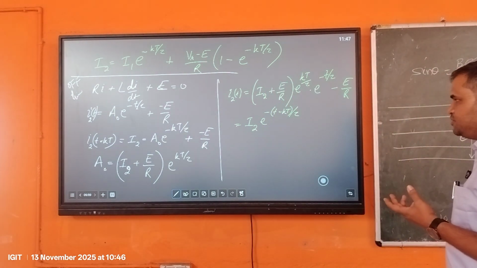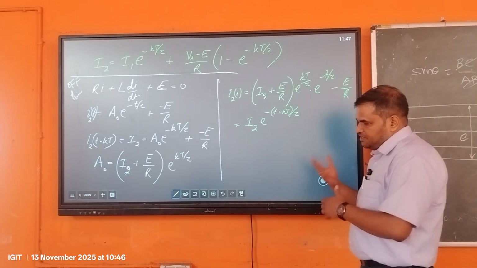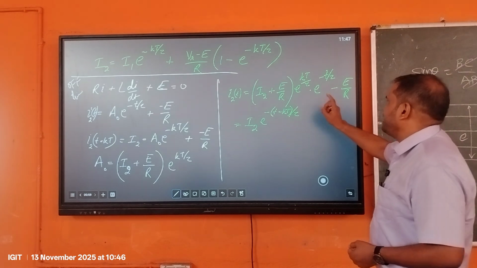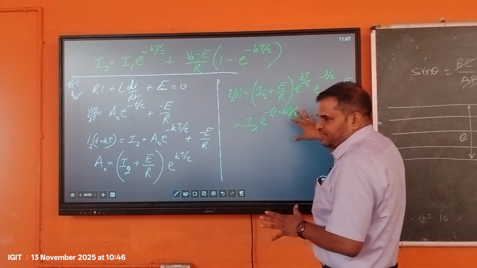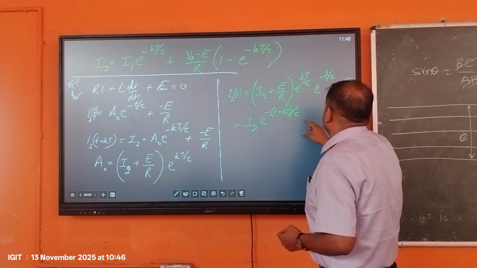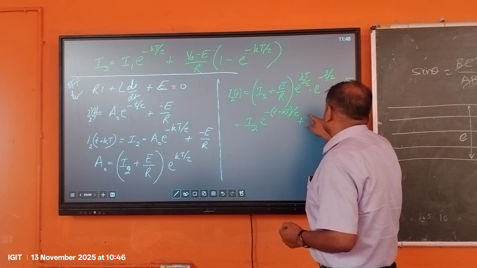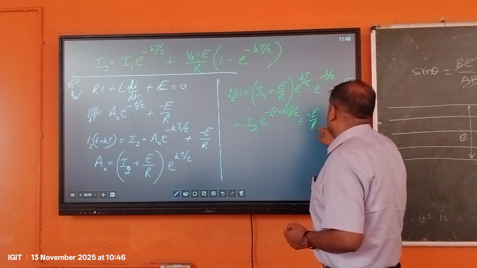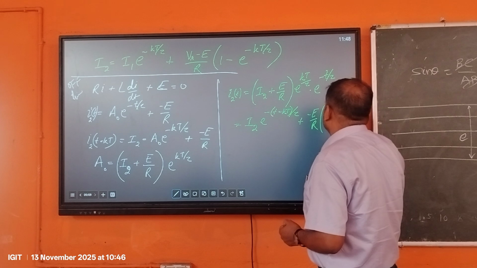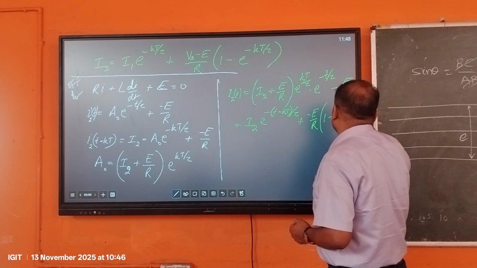Usually when we write an exponential term, we must write it with a negative exponent, otherwise it represents exponential rise. So minus of (t minus kT) by tau is a time delay equation, nothing else. And we can write plus minus E by R times 1 minus e to the power of the same minus (t minus kT) by tau.